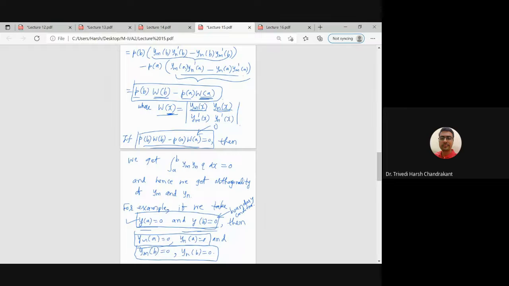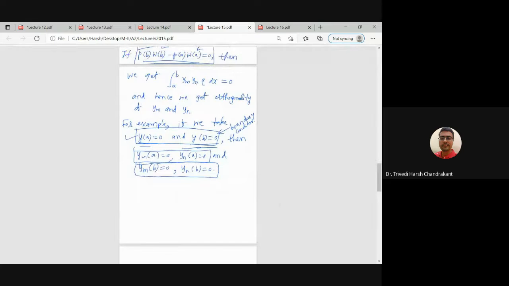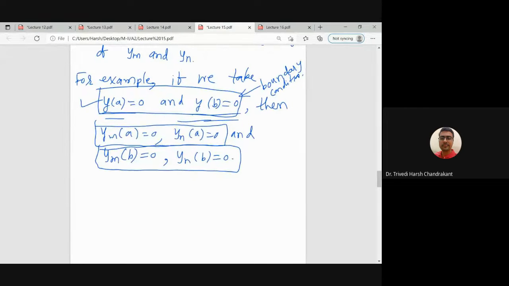So W(a) and W(b) are 0, so this term will be 0, right? And in that case, we get orthogonality.